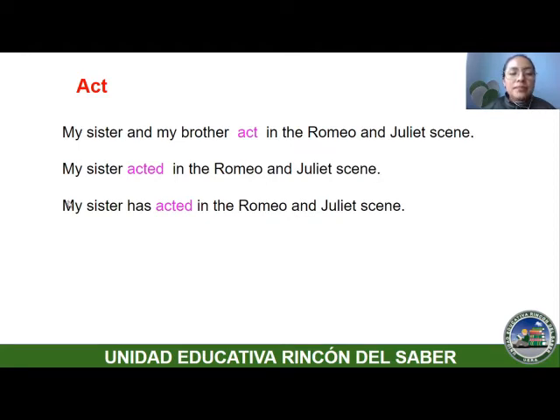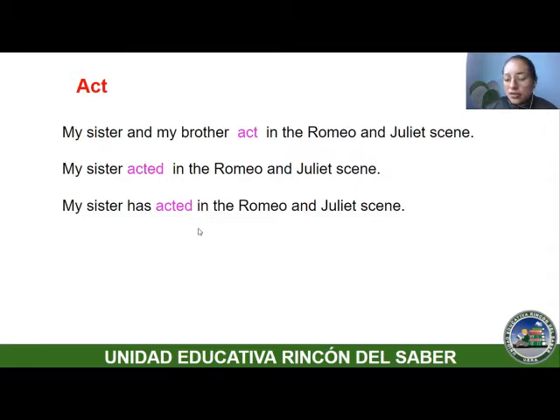Now, next. My sister has acted in the... Continue. Very good. Okay. Do you remember what grammar is being used in this sentence? Okay, very good. If you said, si usted dijo, my sister has acted, está en present perfect, is correct.